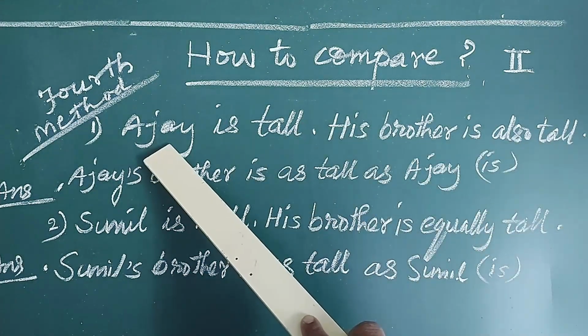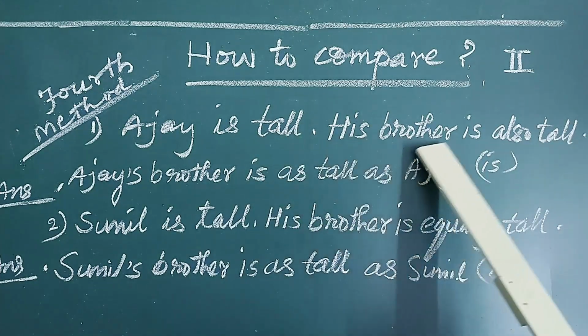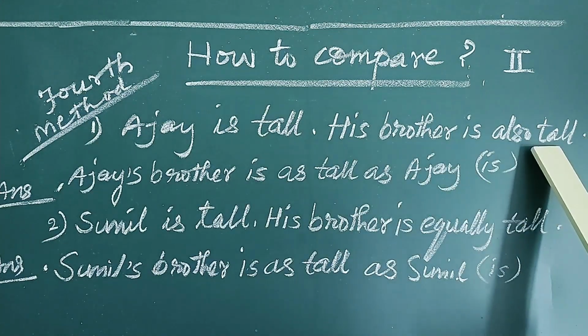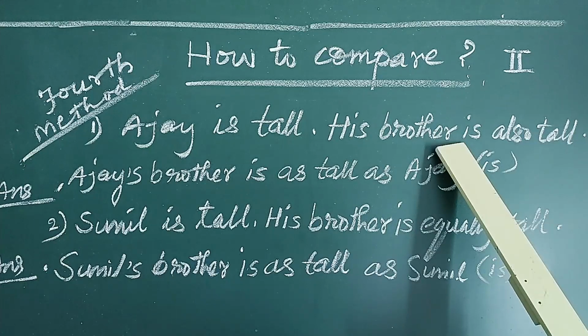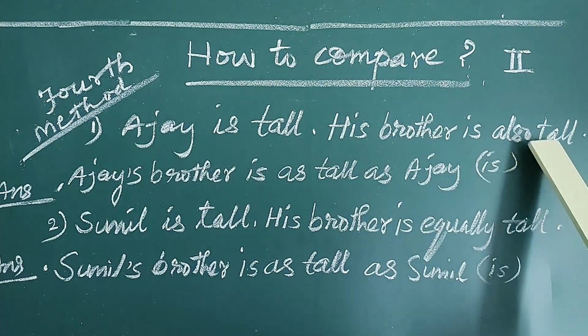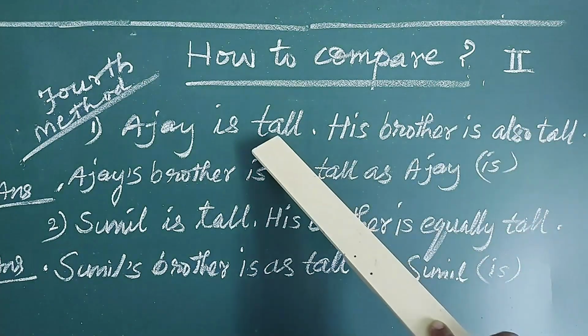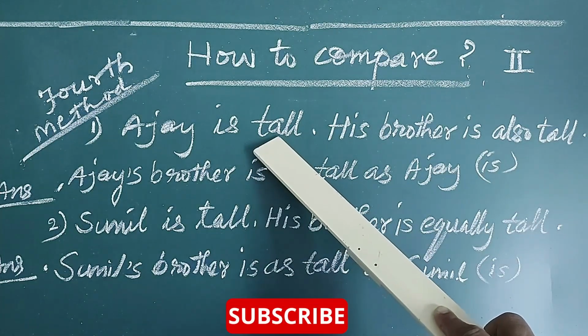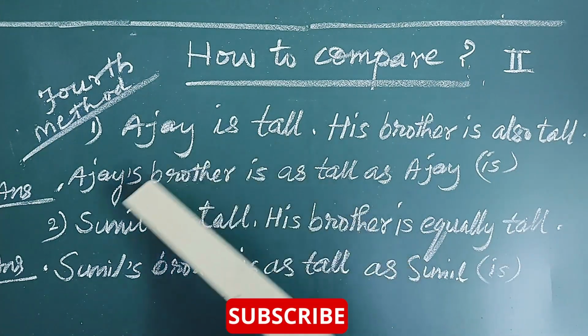What is the sentence? Ajay is tall, his brother is also tall. That means according to quality, both are of the same quality. Also tall means we are not using the comparative form, but comparing by using the positive form. So let us see the answer.